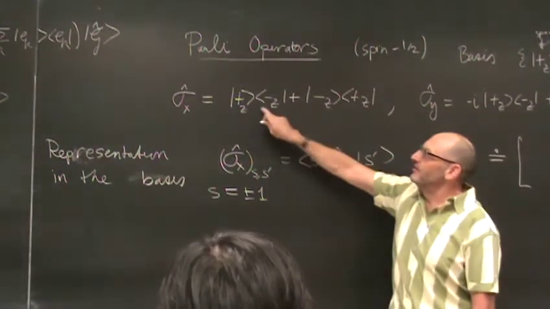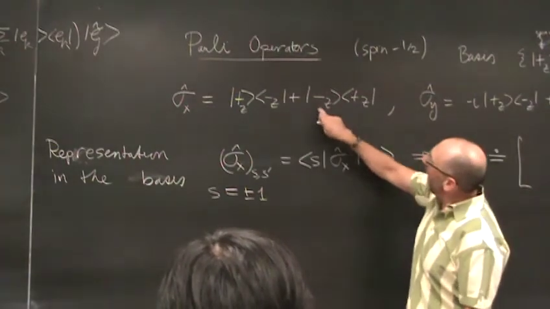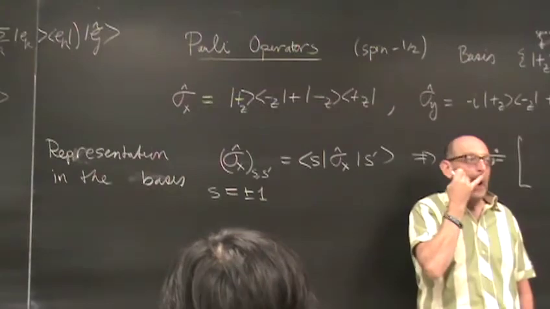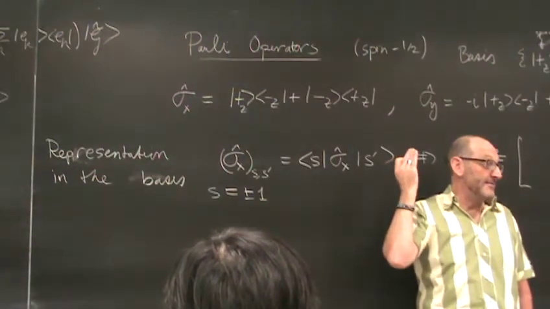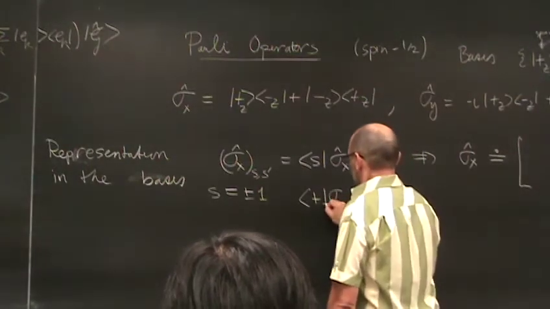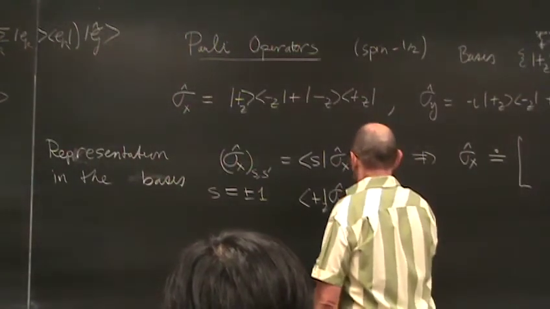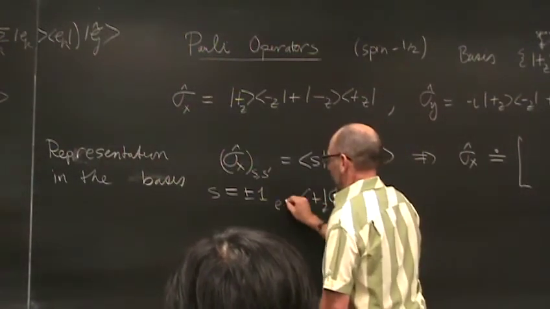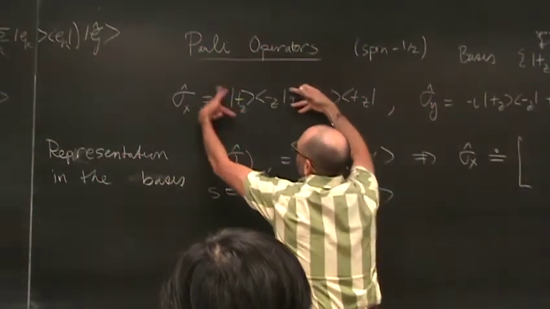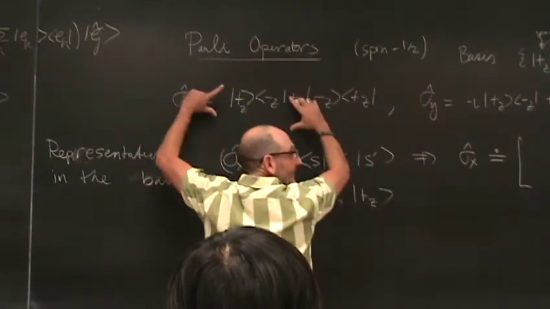So what you see first of all is the diagonal matrix elements. What are they? They're 0, right? Because if I look at, for example, plus, I put the sandwich like that.